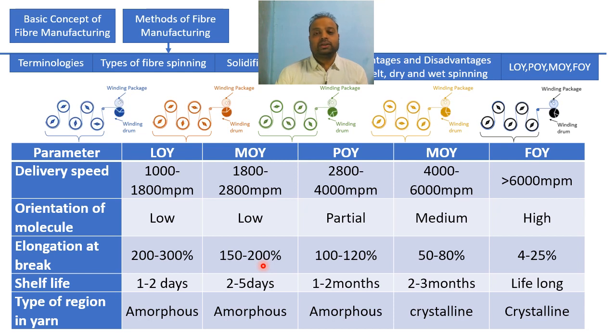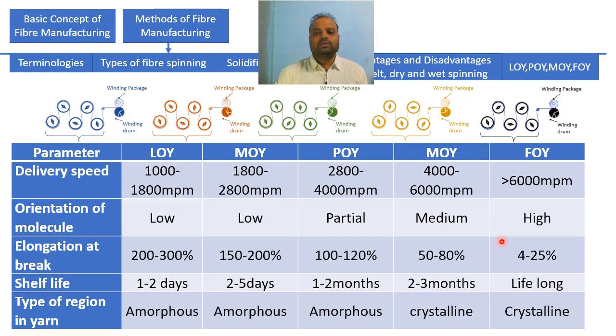You can stretch, but it will still not break, right? Next, in case of a POY, it can stretch up to 100 to 120%. That means 1 centimeter of POY yarn can stretch up to 1 centimeter plus again 0.5 centimeter extra. Similarly, HOY yarn has 50 to 80% stretchability.